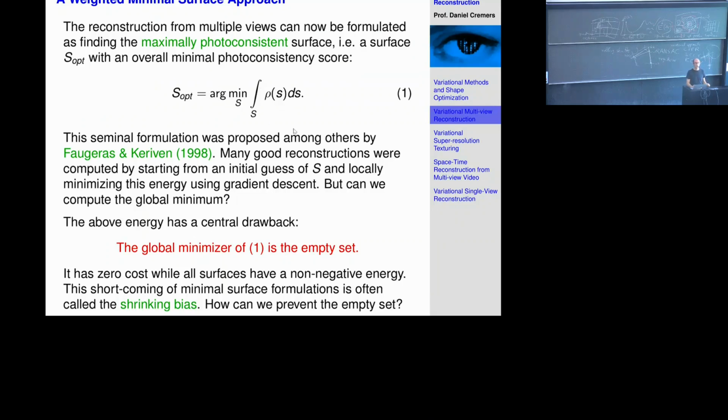The fewer points you have, the smaller your cost. And this is called a shrinking bias, meaning this energy prefers smaller surfaces, and ultimately the empty set is the preferred reconstruction. So at first glance it looks like the right approach, but if you think about it some more, you realize there's something fishy with this loss function.